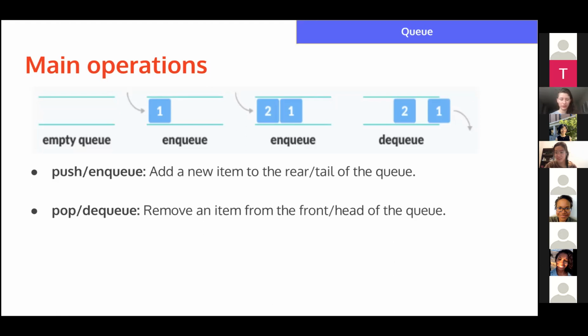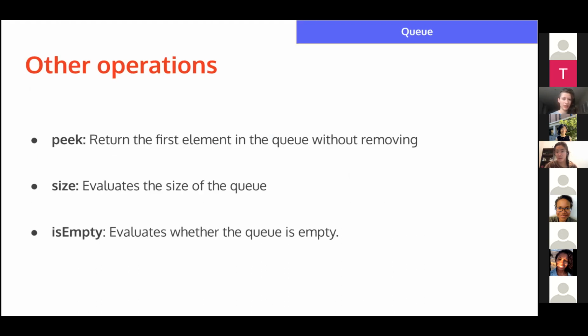Any questions? I'll pause right there just for any questions on the basics of how queues work. Awesome. A few other operations we might want, similarly to stacks: we might want to just peek at the first element without actually removing it, just in case we have logic derived from what will happen when that object is removed.